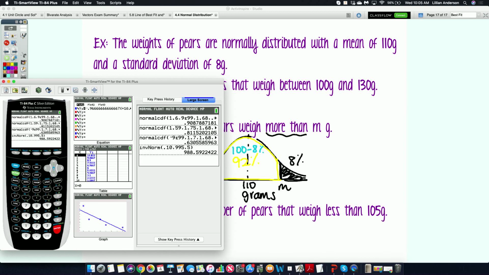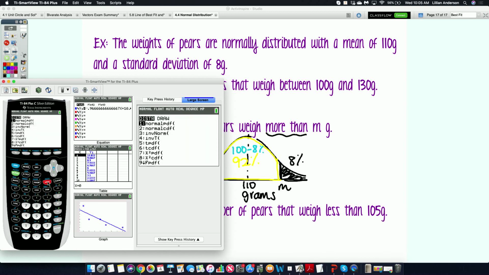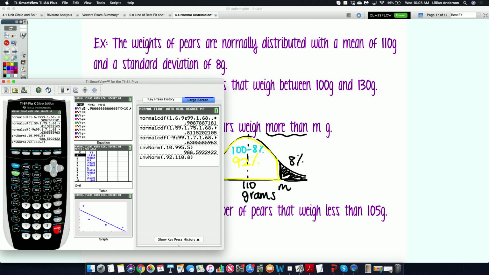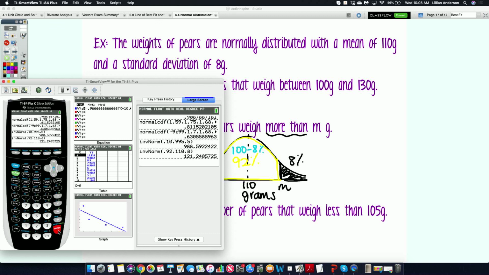Okay? So let's go to our calculator. Where do I go again? Second bar is option 3. The area, for people like me, I have to do what? 0.92. What's my mean? And my standard deviation was 8. So it'll be 121 grams.